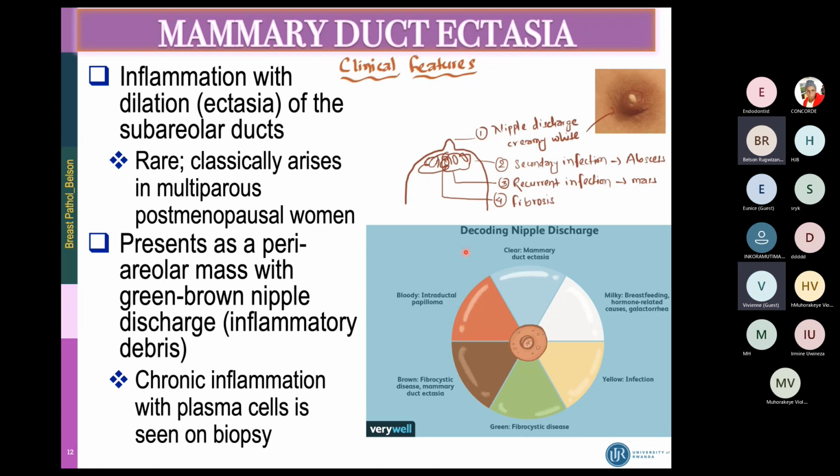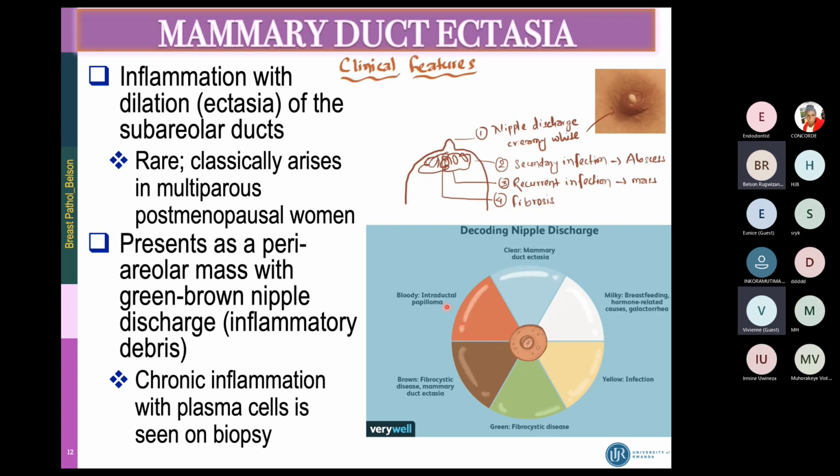When it is bloody, reddish, usually it is due to what we call intraductal papilloma. It is a benign tumor arising within the large ducts of the breast. When it is brown, it is fibrocystic disease or mammary duct ectasia. When it is clear, usually it is also mammary duct ectasia, and you see that ectasia can present as either clear or brown discharge.